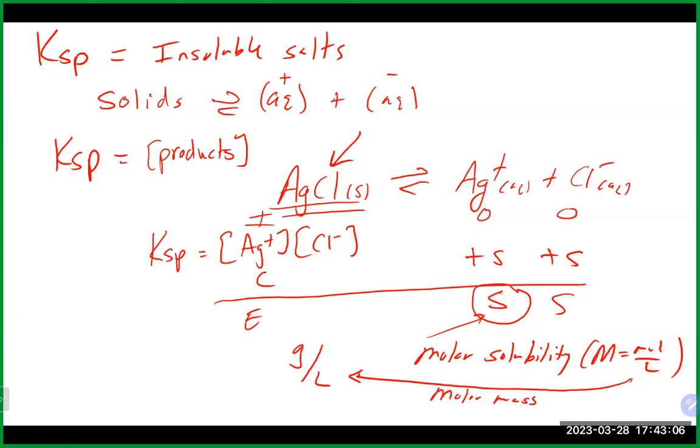You could put it into the ice table, and whatever they gave you in terms of the molar solubility would be what S equals in the table, and you can solve it that way. Or if you understand how concentrations work in terms of the whole compound to the ions, you could just plug it right into the KSP expression and also get the KSP value that way.